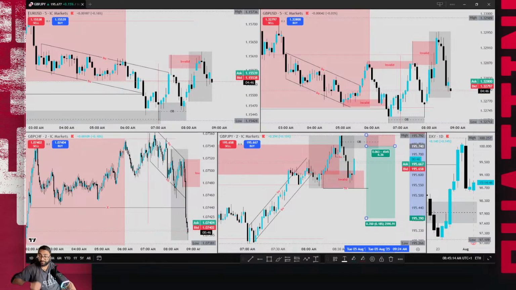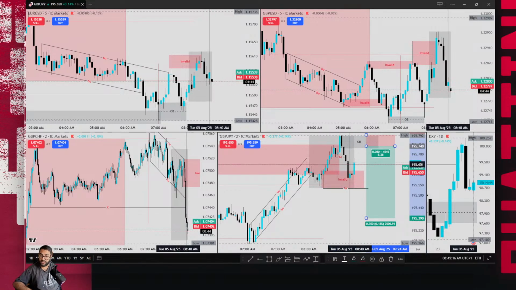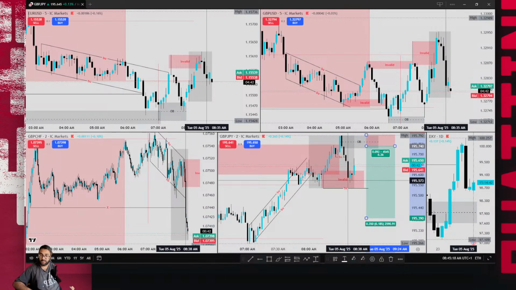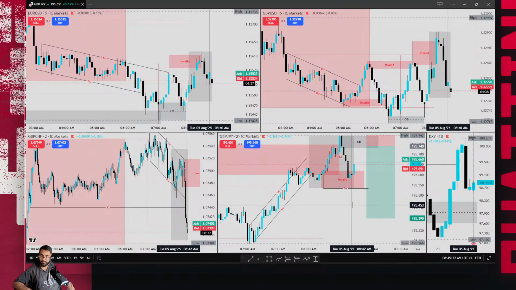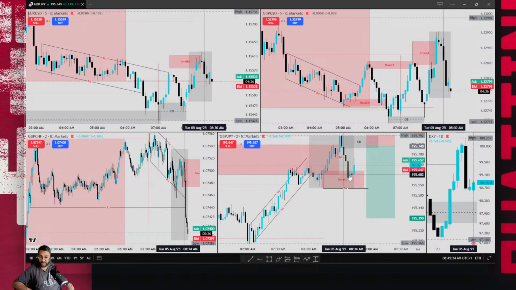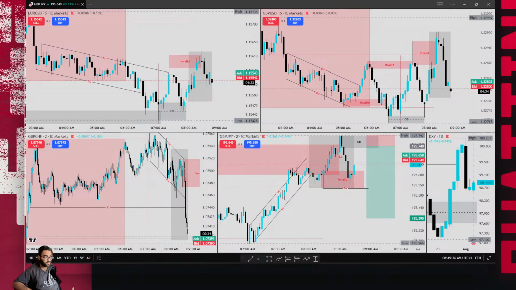But what we're seeing is a bit concerning. I'd like to see this fail. And then whichever supply zone we have here is one that we can take it from.